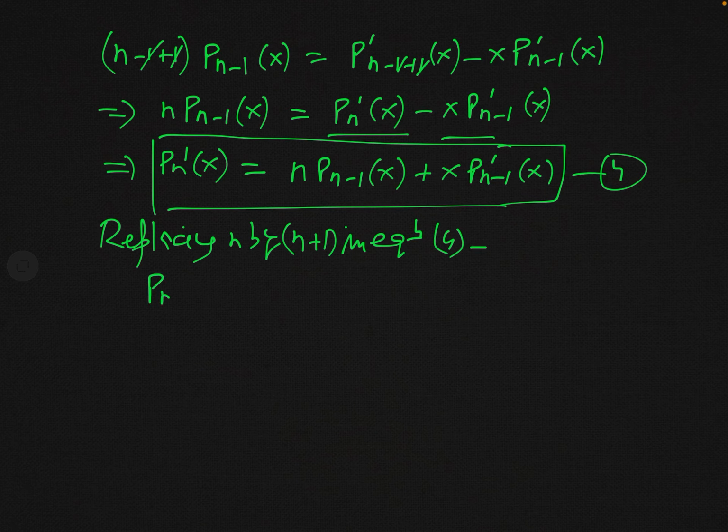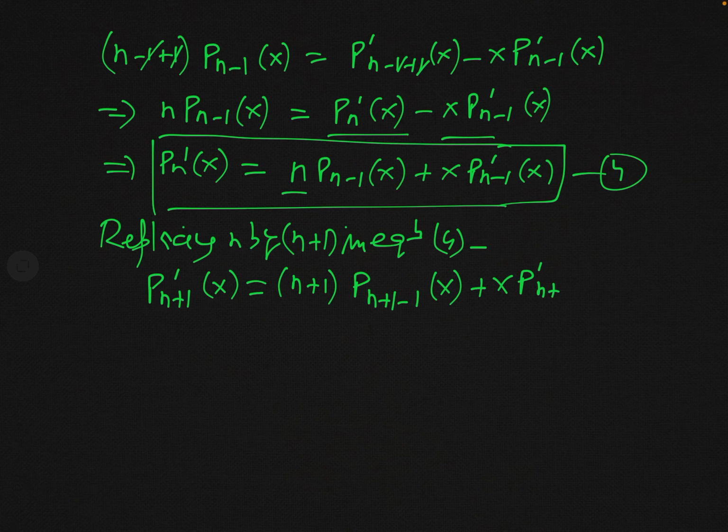So in LHS you will write Pn plus 1 prime of x, and that equal to, here is n, so n will be replaced by n plus 1, and here again n will be replaced by n plus 1, and since there is n minus 1, this will be n plus 1 minus 1 of x, and plus x Pn minus 1 prime, where n will be replaced by n plus 1, and there will be minus 1 of x. And so you can see what is our result.